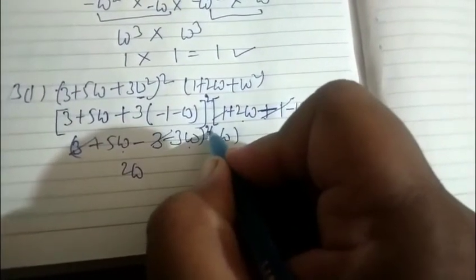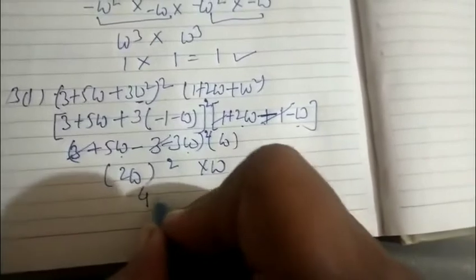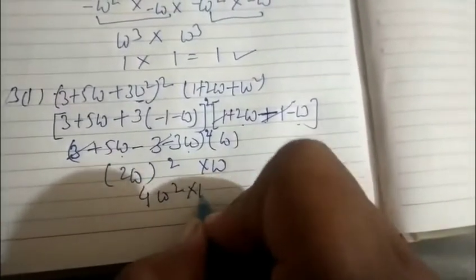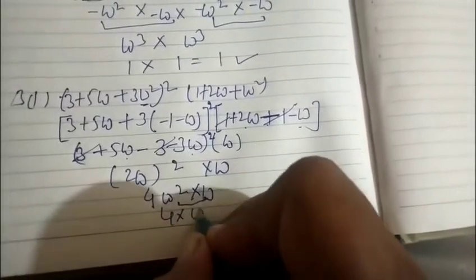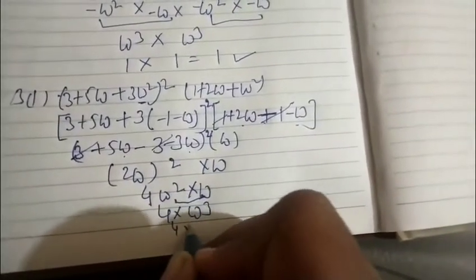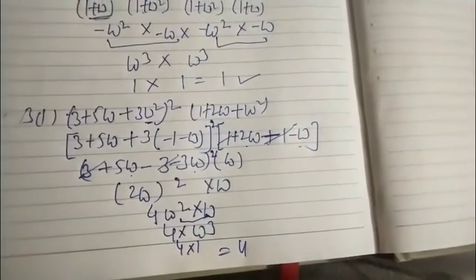The whole square was going on here, so this is whole square into omega. So this is 2 square, 4 omega square omega. So 4 into omega cube. In place of omega cube 1, so the answer is 4 into 1 means 4.